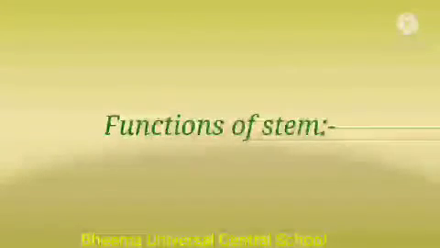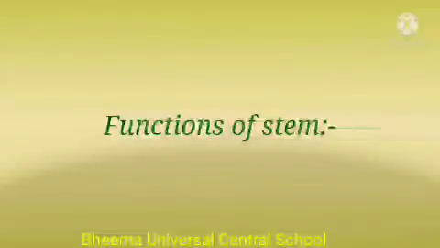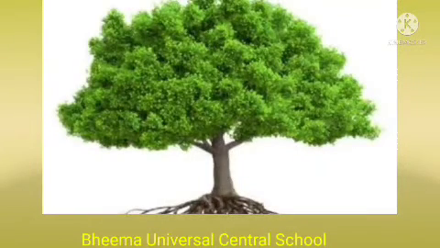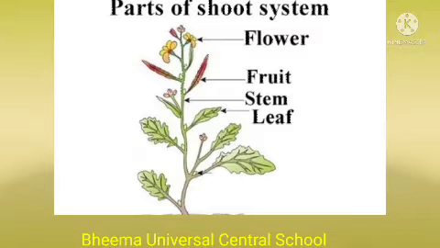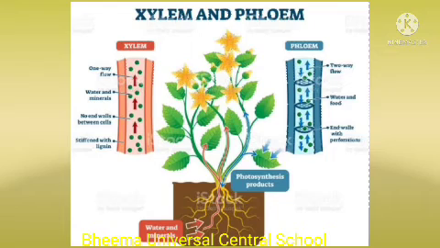The main functions of stem are: first one, it holds the plant upright and it bears leaves, flowers, buds and fruits. It carries water and minerals from the roots to the leaves and other parts of the plant through some narrow tubes, xylem and phloem.